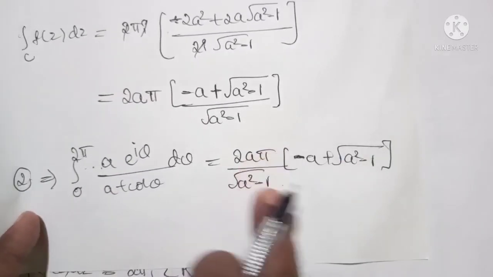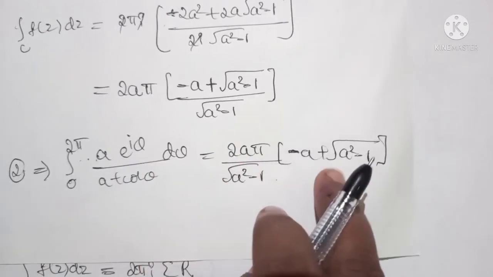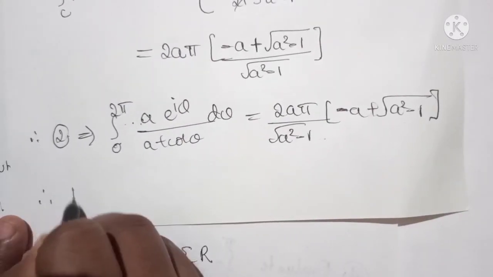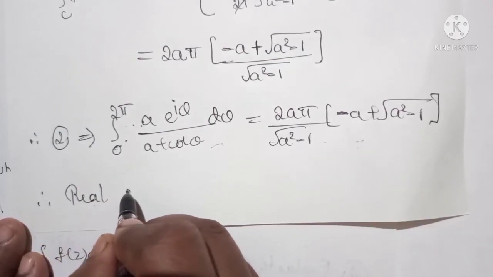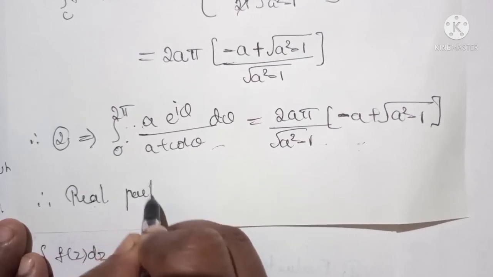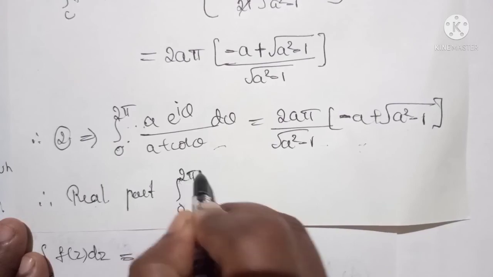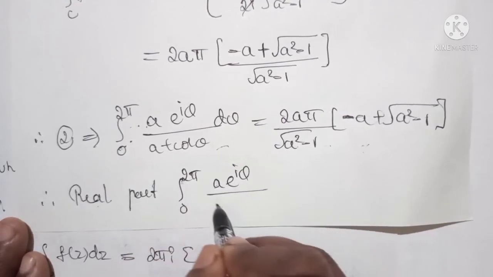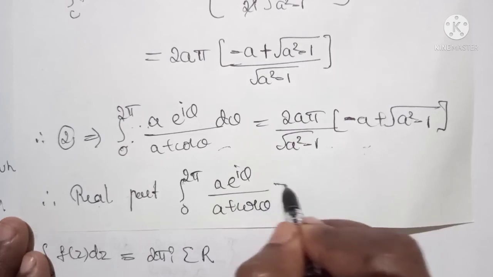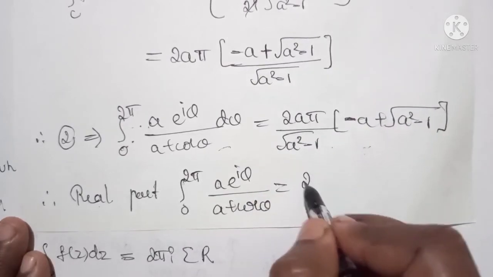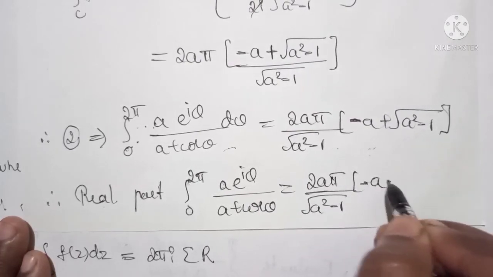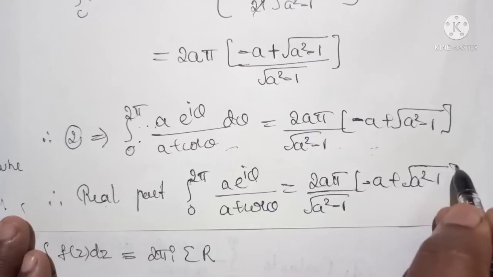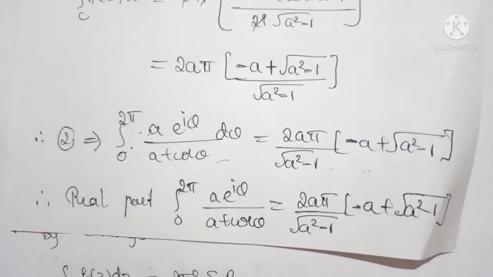You can observe that there is no imaginary part, so this is purely real. Therefore the real part of the integral from 0 to 2π of a e^(iθ) divided by (a + cos θ) is this same value.